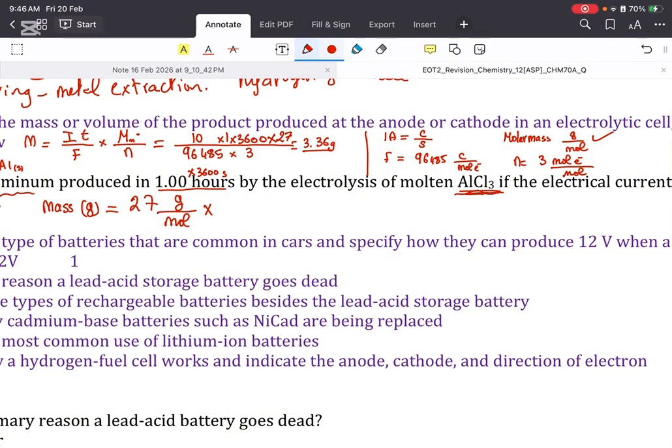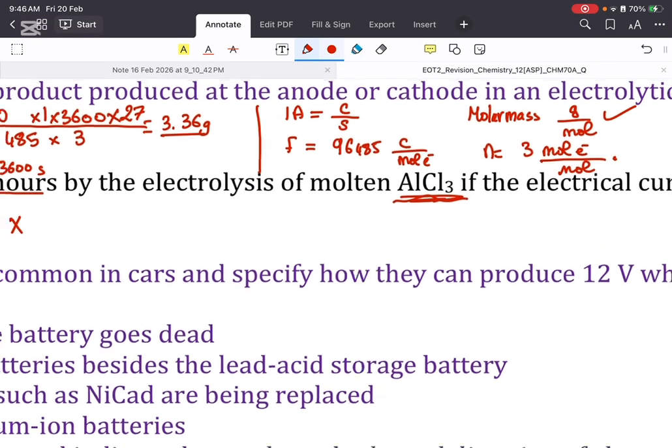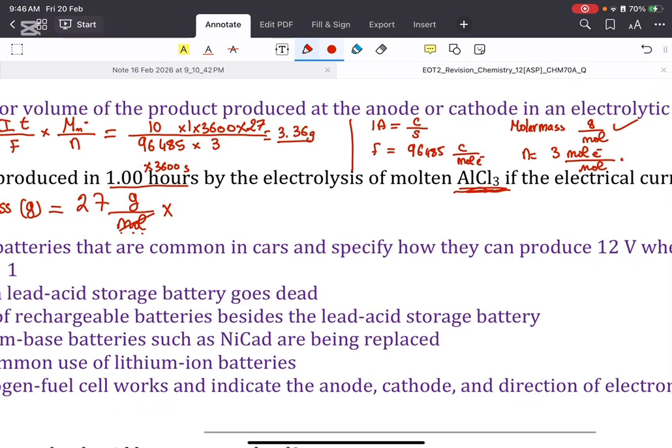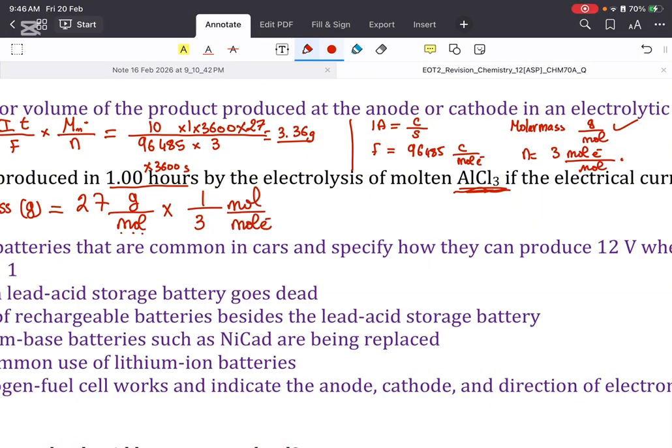I have mole introduced in here, so I'm going to use the mole n, but I want to cancel this mole by this mole. So I'm going to flip it and say 1/3, mole over mole electron. Okay, I'm done with this.